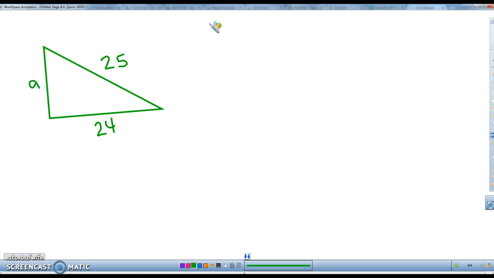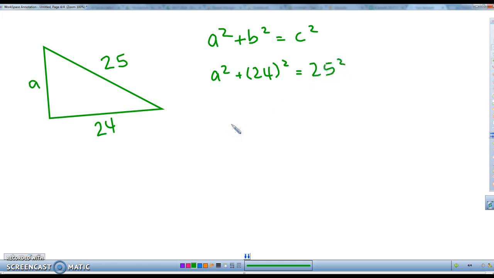This really doesn't work so differently. I'm going to start with my formula, a squared plus b squared equals c squared, and I'm going to plug in what I know. So maybe I know b squared is 24 squared, and c squared is 25 squared. And this is where knowing your squares comes in very, very handy.